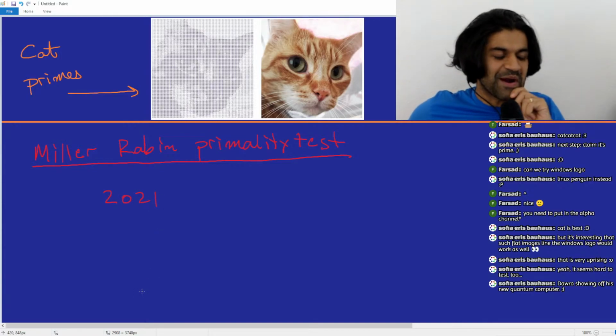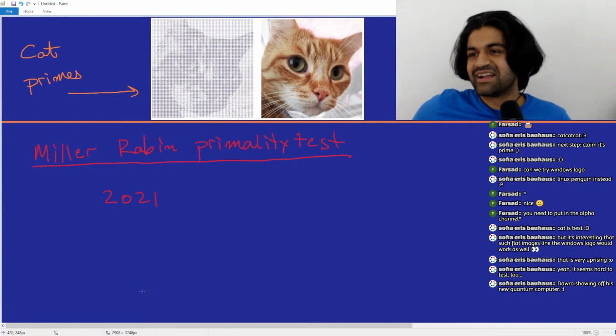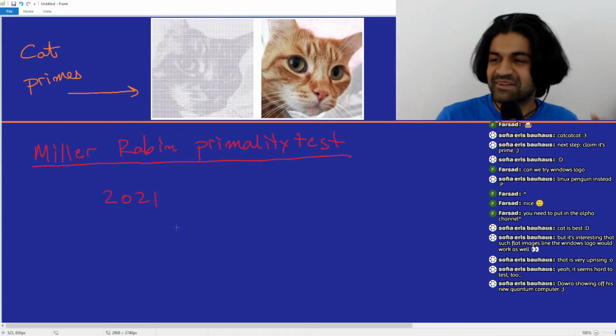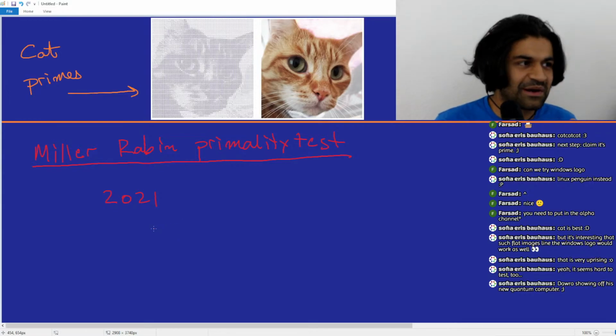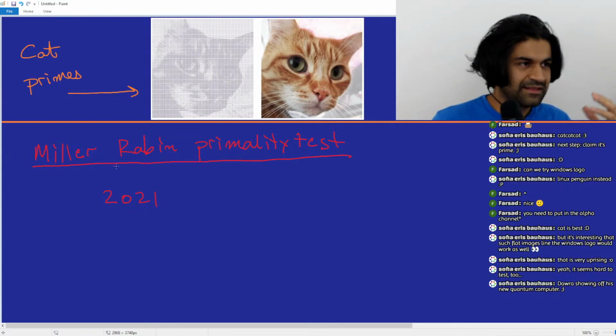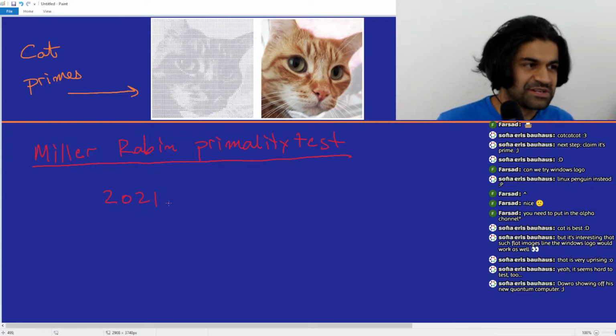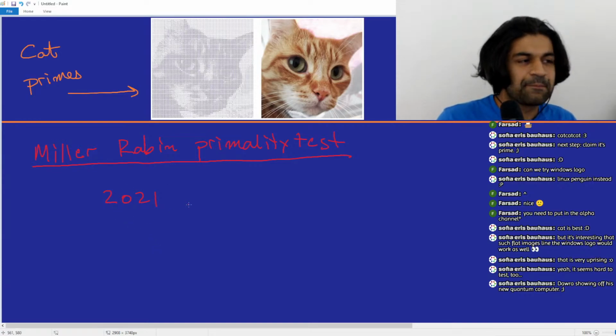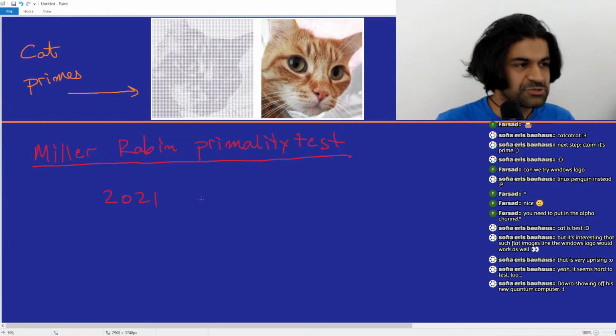Is 2021 a prime number, or is 2021 not a prime number? Let's try and figure this out using the Miller-Rabin methodology. Here's what we're going to do. First step, subtract 1 from 2021. You'll get 2020.